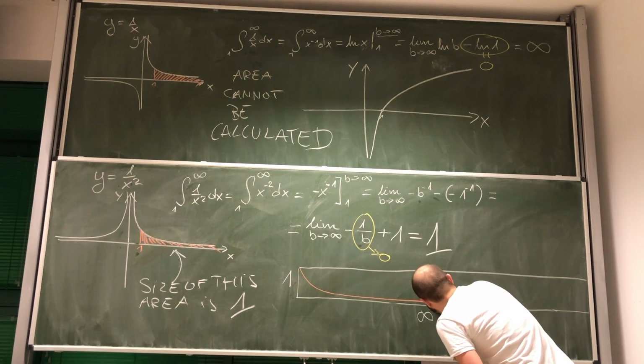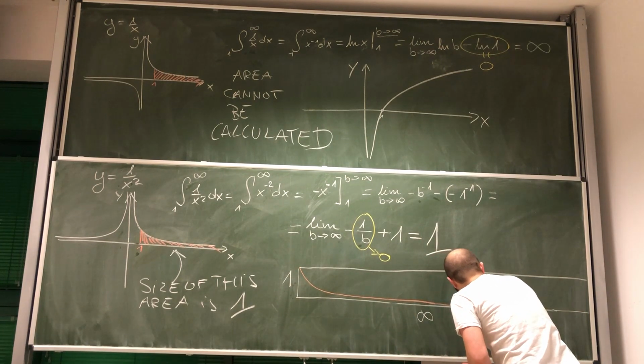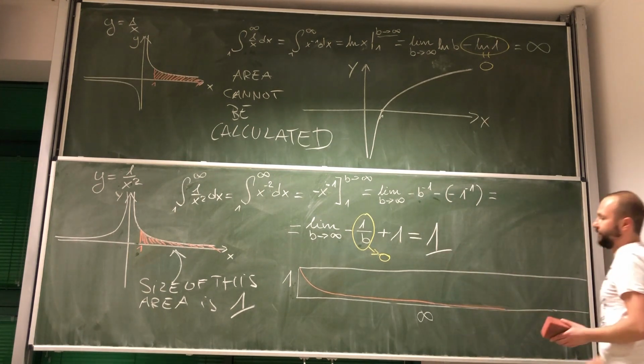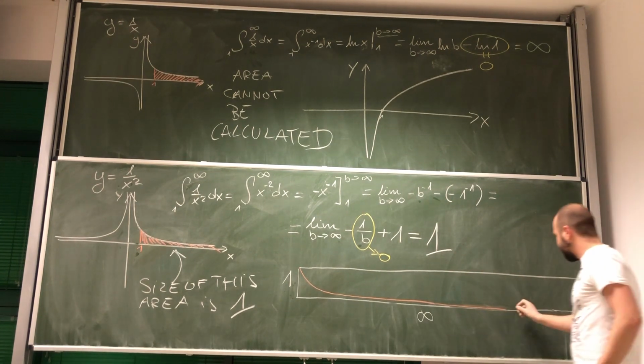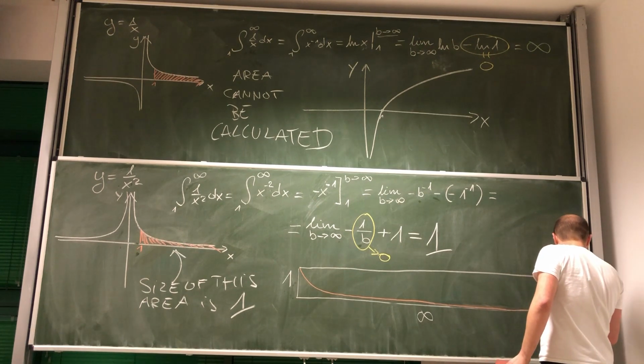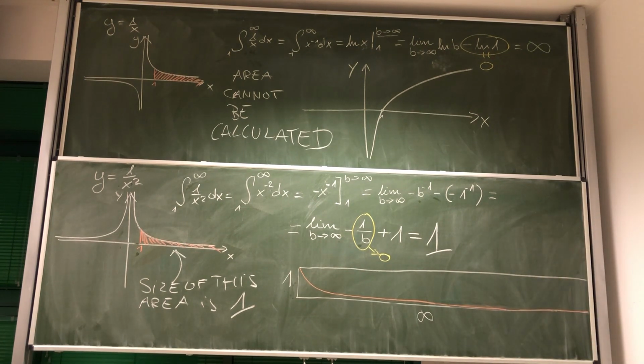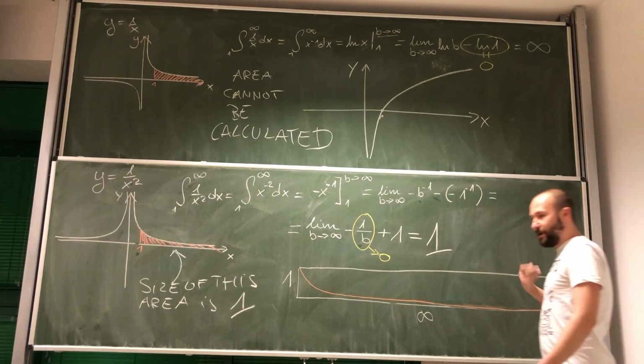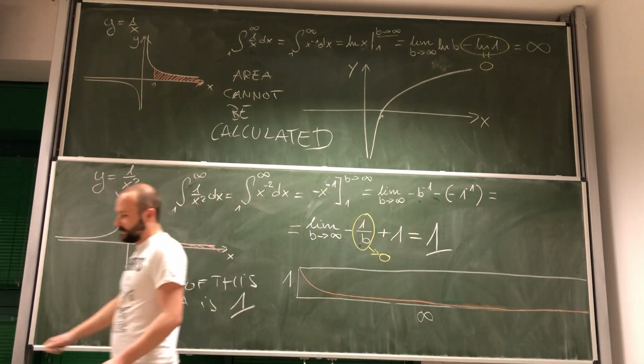Okay. It's getting closer and closer and closer over here. Right? And basically, from this point on, it's still declining, but we barely see it. Right? Because we do not have microscopes in our eyes.